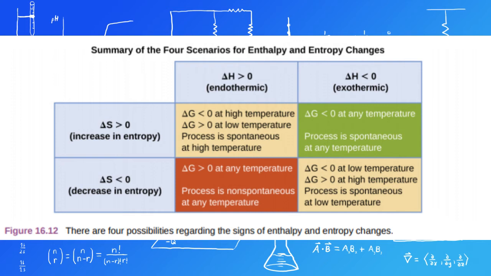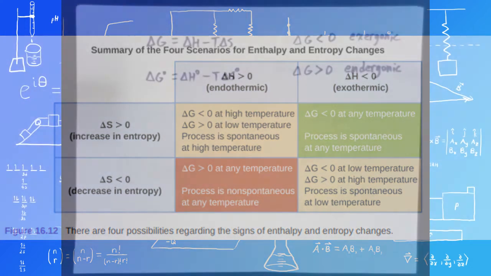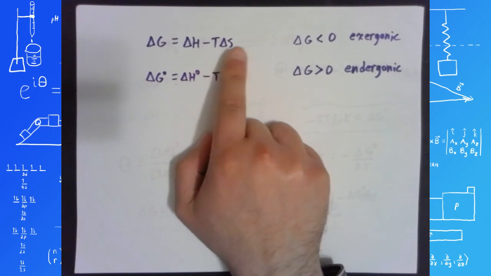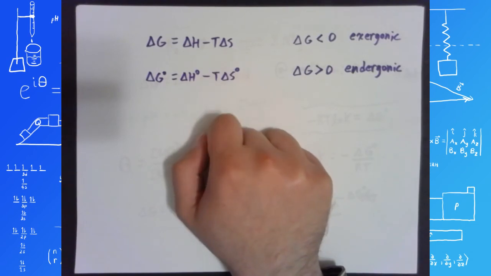Scenario 1 in the top left corner is when delta H is positive and delta S is also positive. In that case, looking at our equation, you'd have a positive minus a positive. Is that going to be positive or is that going to be negative?